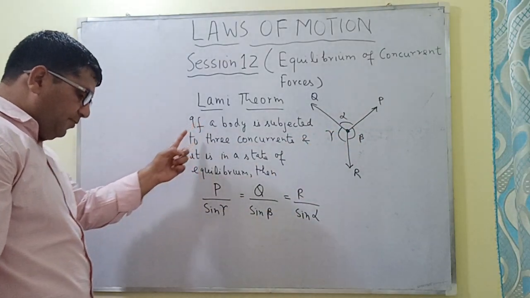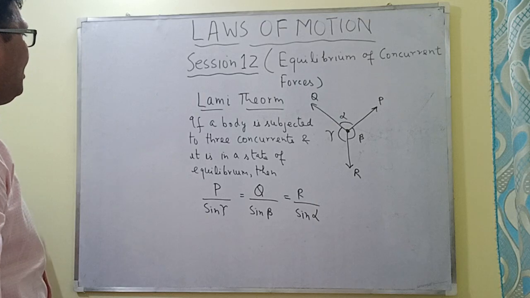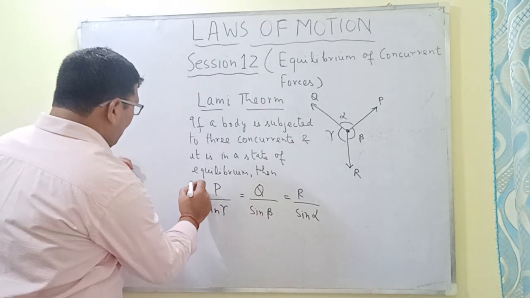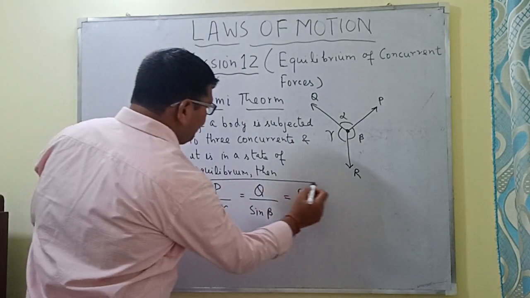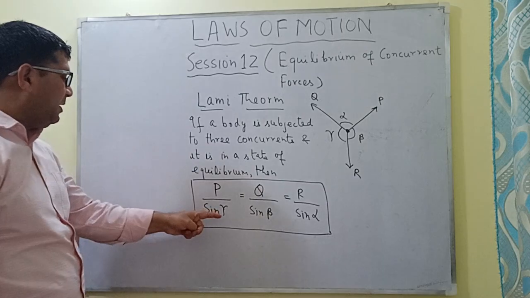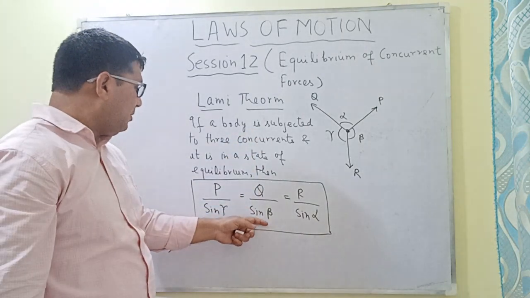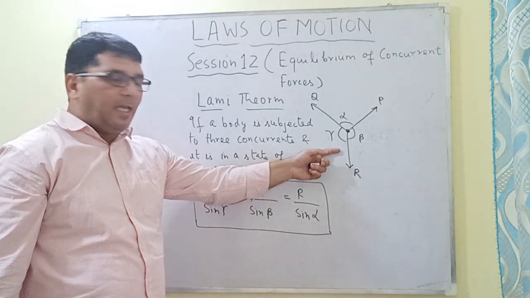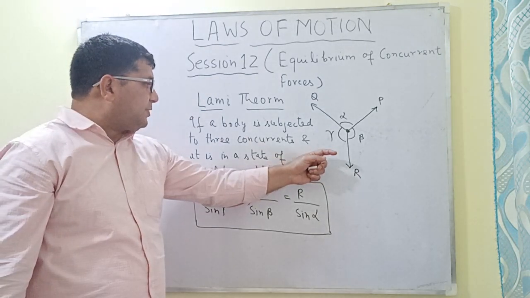So this is called Lami's theorem, and this formula, P upon sine gamma is equal to Q upon sine beta is equal to R upon sine alpha, with respect to this diagram or this example.